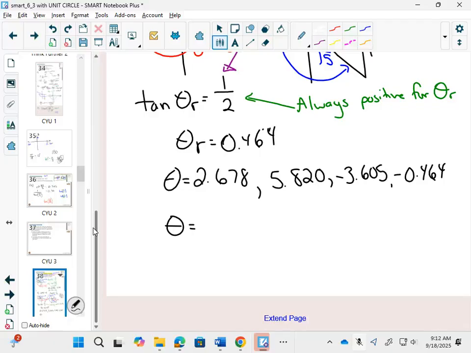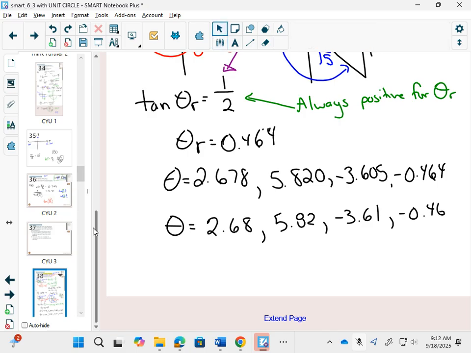The 2.678, rounded to the nearest hundredth, would be 2.68. This one would be 5.82. This one would be negative 3.61. And this one would be negative 0.46.